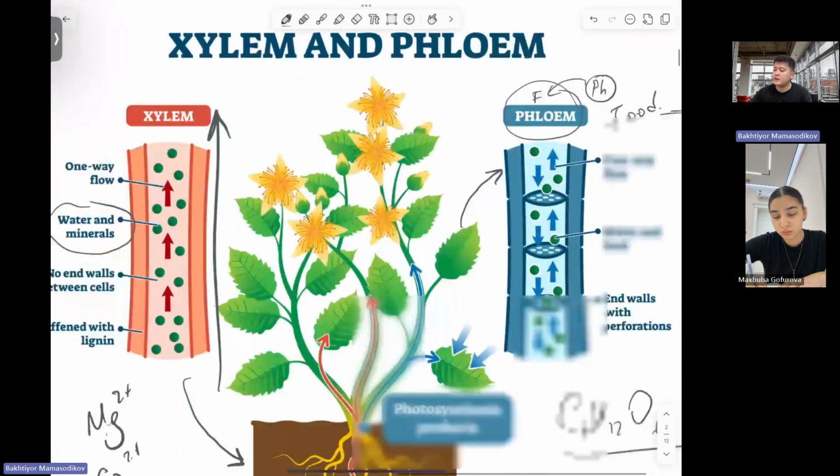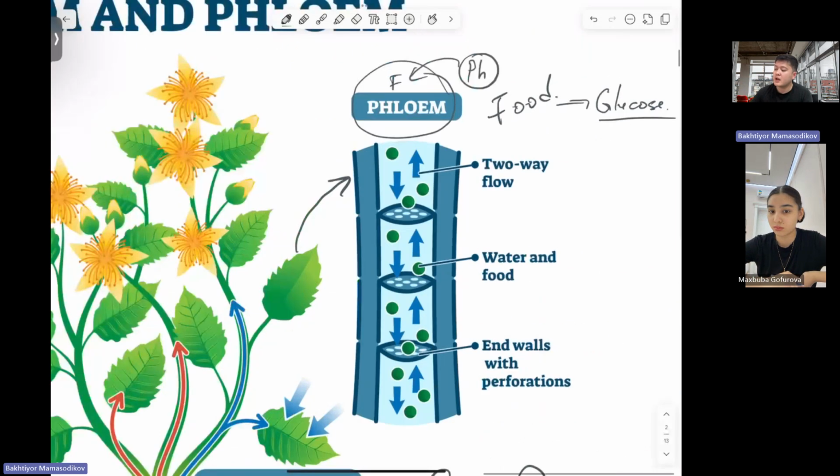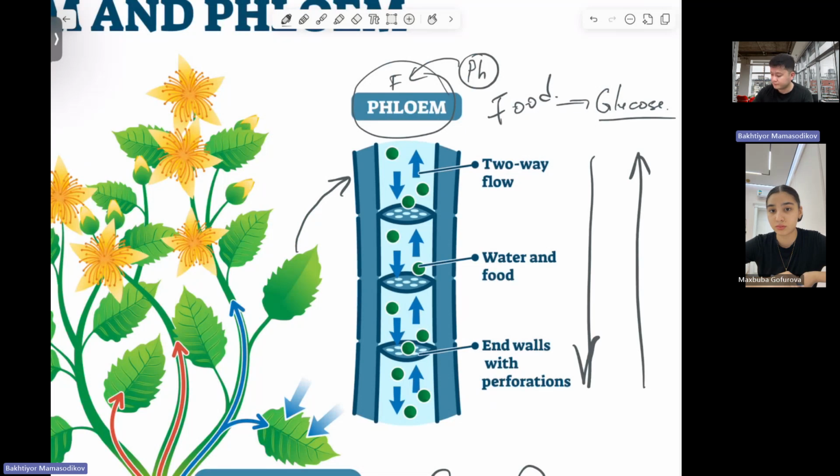As I said, the xylem only works in one direction, transporting substances one way, but the phloem transports substances in two ways, either up or down. They have end walls with perforations, and those end walls are crucial for balancing what's going up and what's going down.